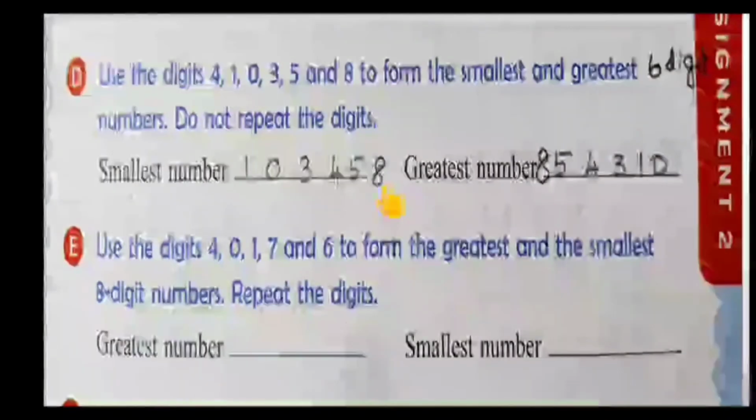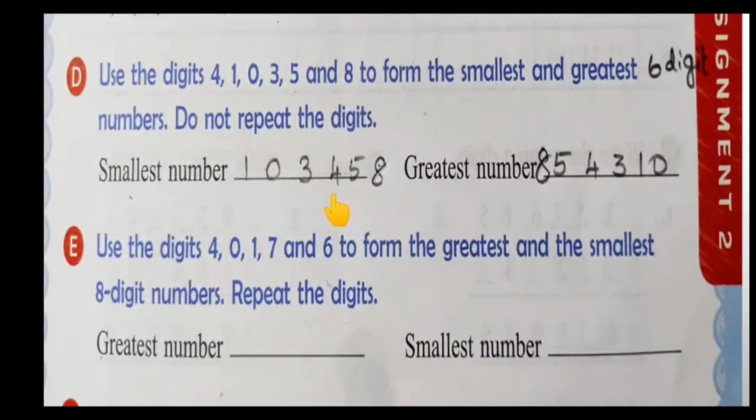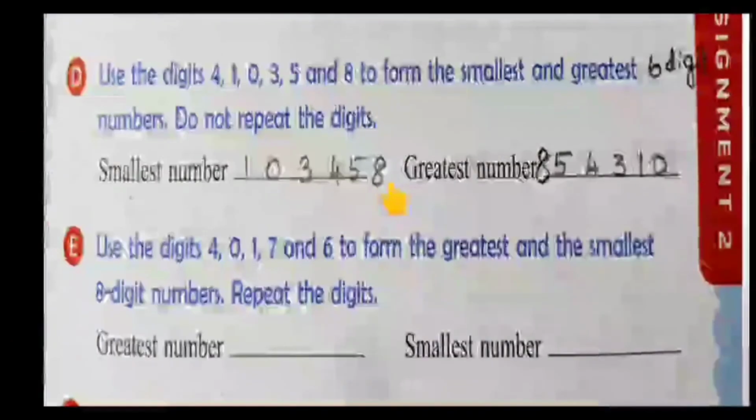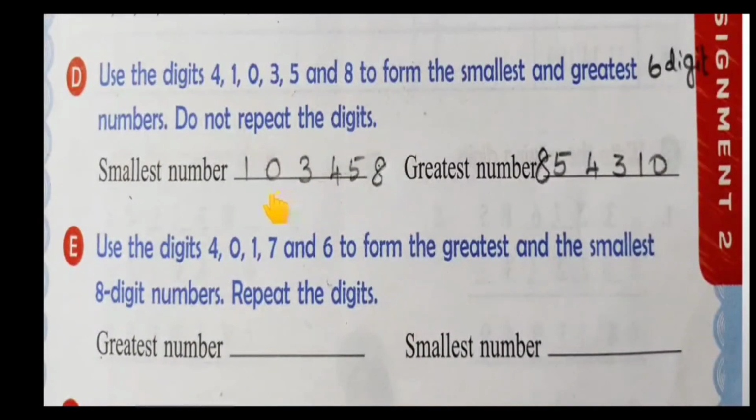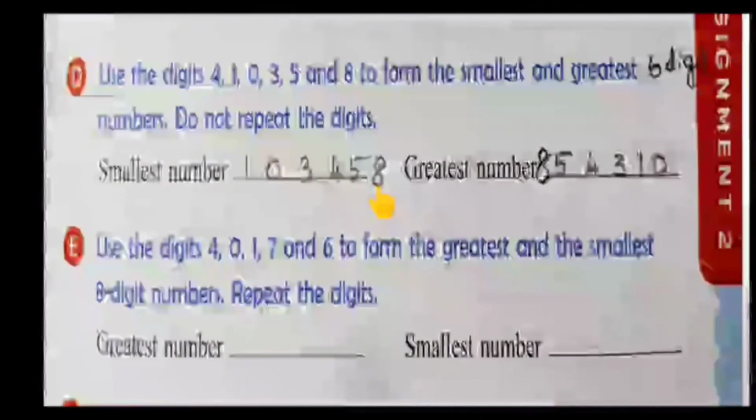So this is the smallest number. So how to read? Ones, tens, hundreds, thousands, ten thousands, lakh. So 1 lakh 3,458. Now the greatest number.